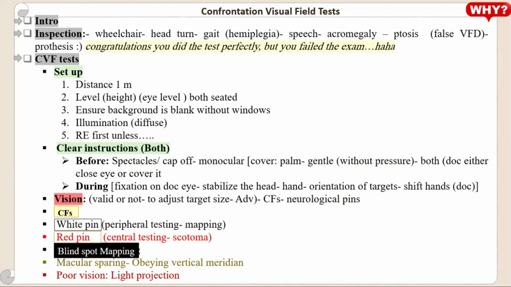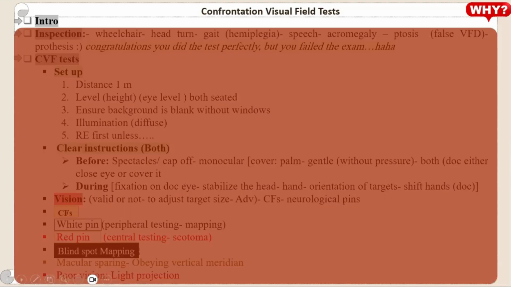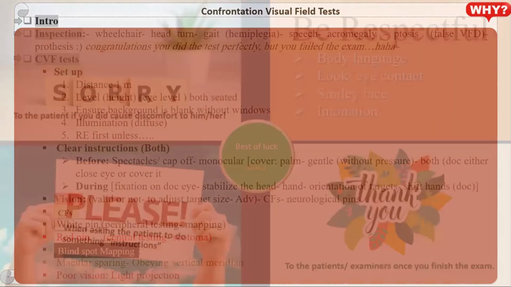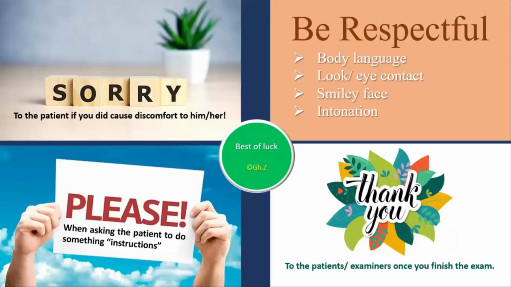So the first one is the intro. It's like the intro for any test in any checklist, and we covered it in the very beginning of this course. It's all about general etiquette or common sense: you have to be respectful, say please, thank you at the end, and if you did something wrong, sorry, and so on. Being courteous is not only about what you say, but also your body language, your eye contact, and intonation.